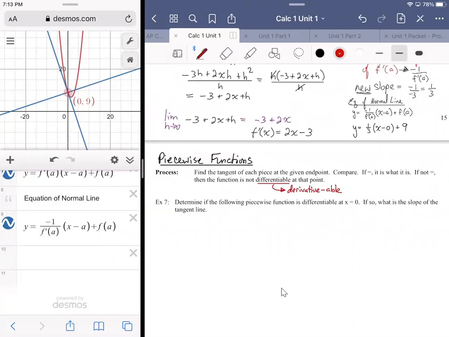All right. So I'm going to give you a piecewise function because for whatever reason, the one I had here didn't show up on my PDF. So I'm just going to make up one.